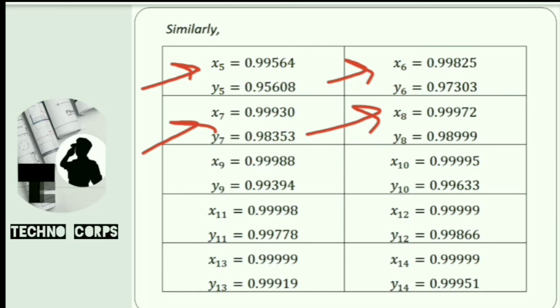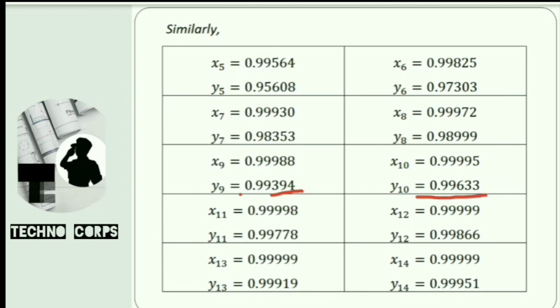Here you can see that in the 9th iteration and in the 10th iteration, for the x value the values are almost equal, that is 0.999, 0.999. It is equal up to 3 decimal places, right? But for the y value it is not like that. It is equal for only 2 decimal places. So for the correctness of the y value we need to go for further iteration.